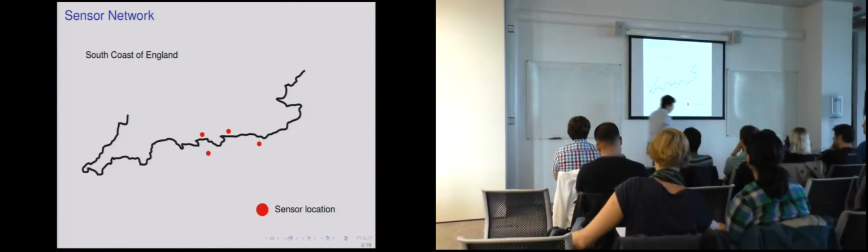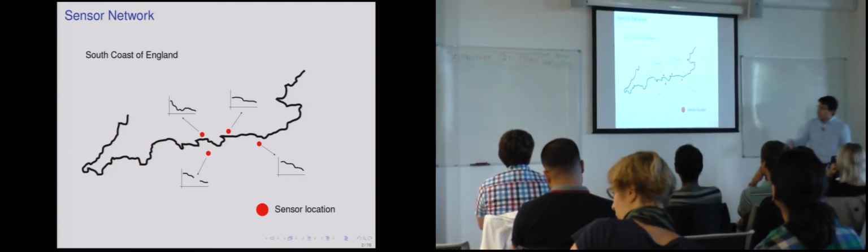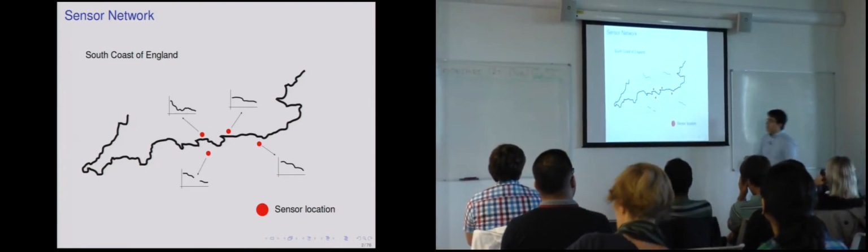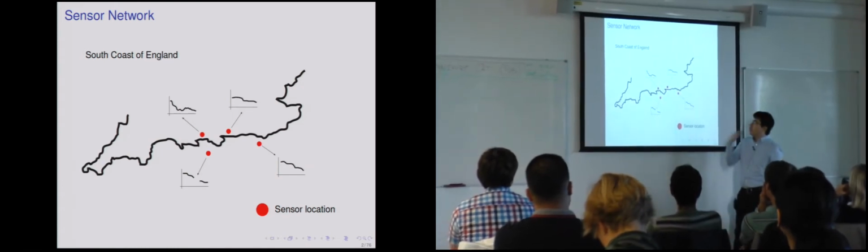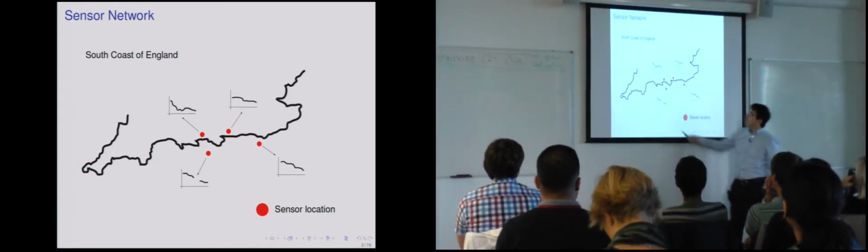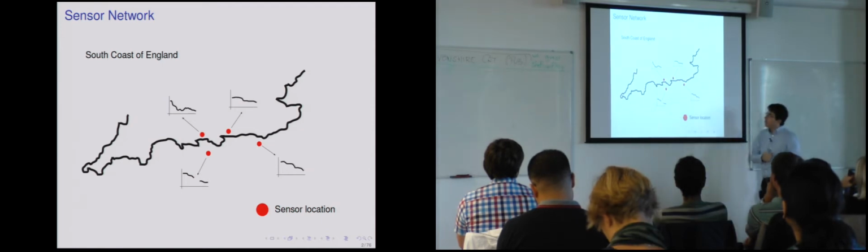Typically in sensor networks, this information is communicated to a central base, let's say. But due to different communication problems, or because the sensors are faulty, we usually miss some data.